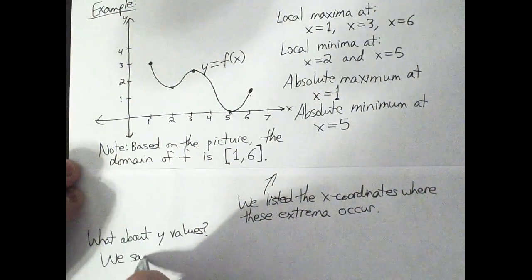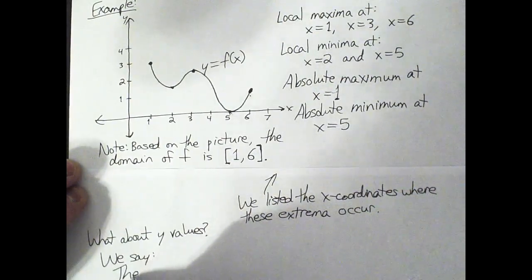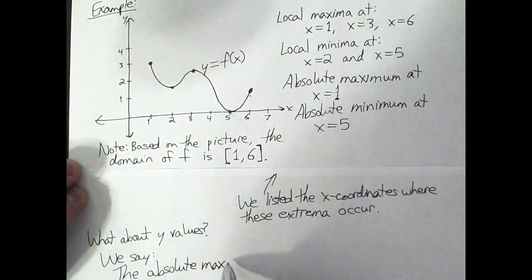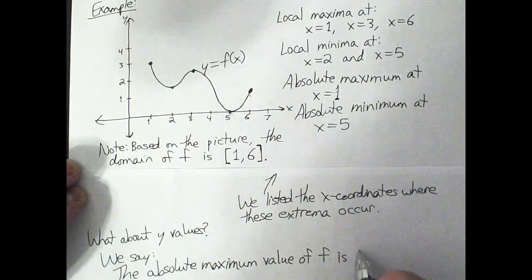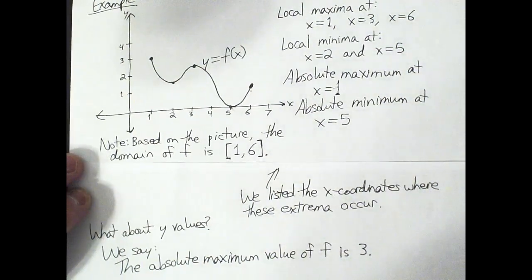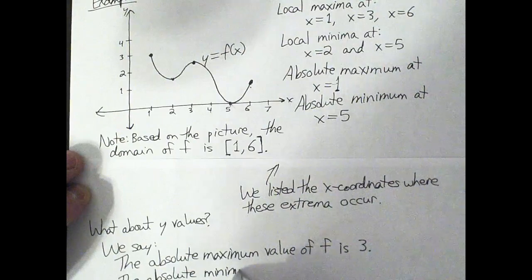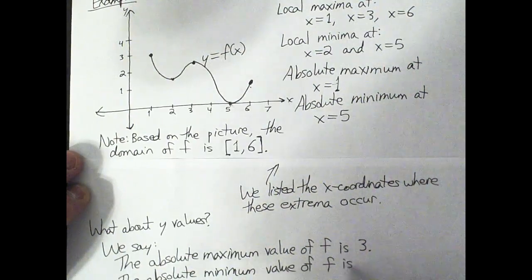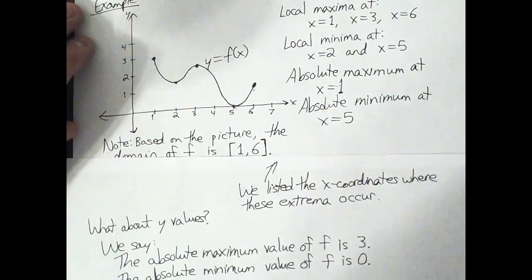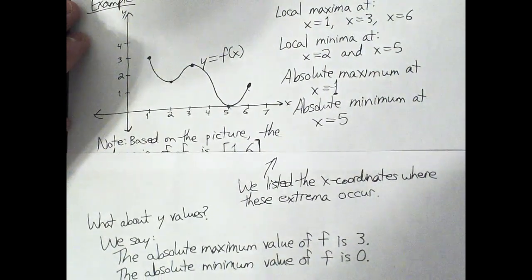We say the absolute maximum value of f is 3. And the absolute minimum value of f is 0.